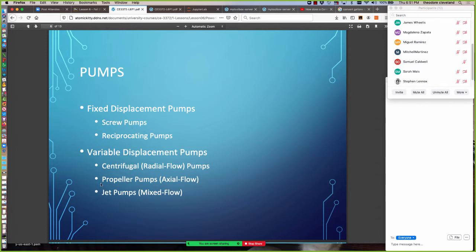And then in the variable displacement pumps, the categories are centrifugal, axial flow, and a jet pump, which is a think of a mixed flow consideration. Actually, I just realized this bullet item is wrong. Jet pumps are indeed mixed flow, but that's not what's meant by a mixed flow pump.